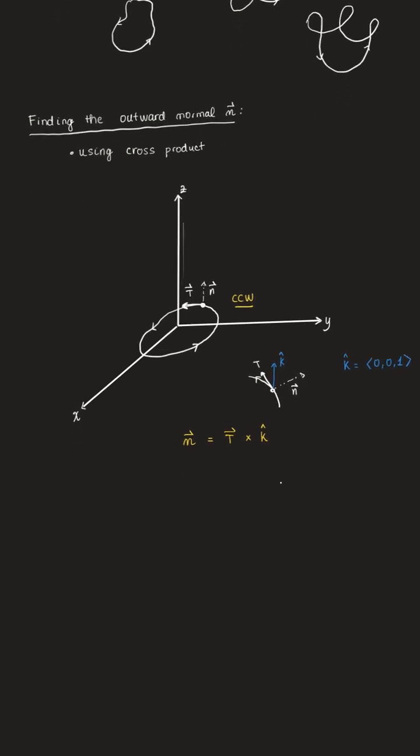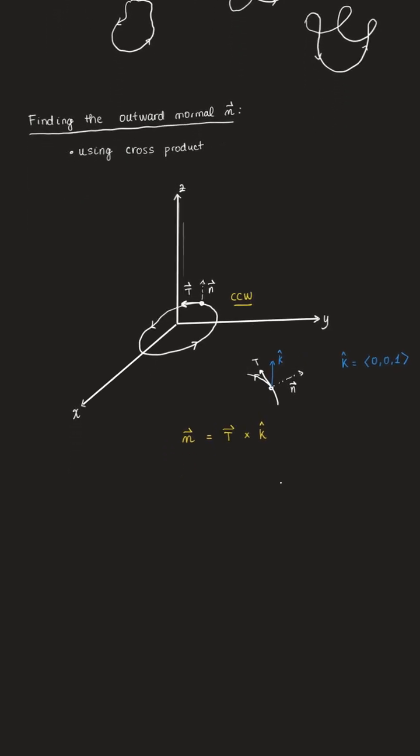So how do we do this? Well, our vector T is the unit tangent vector. Let me actually define r first.